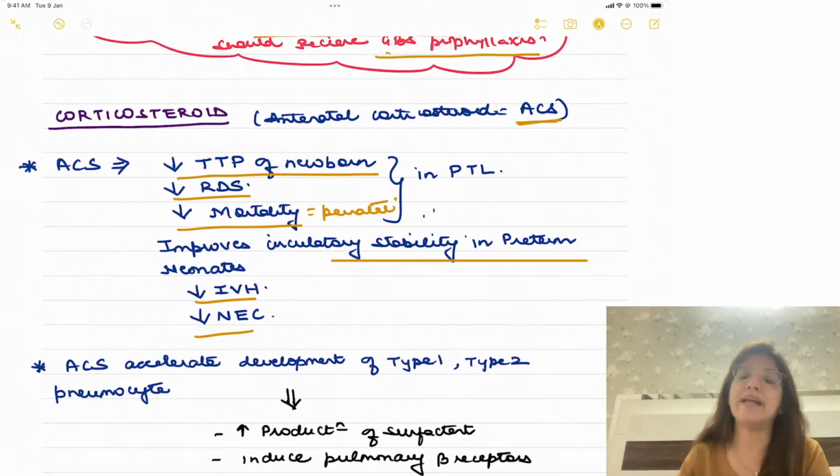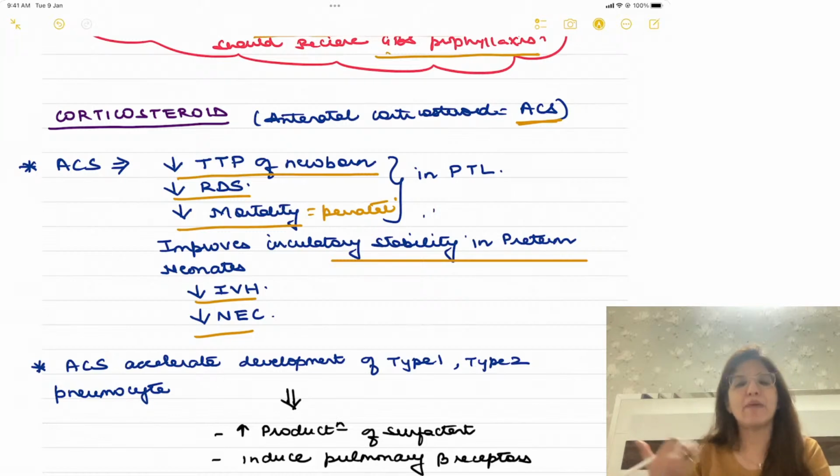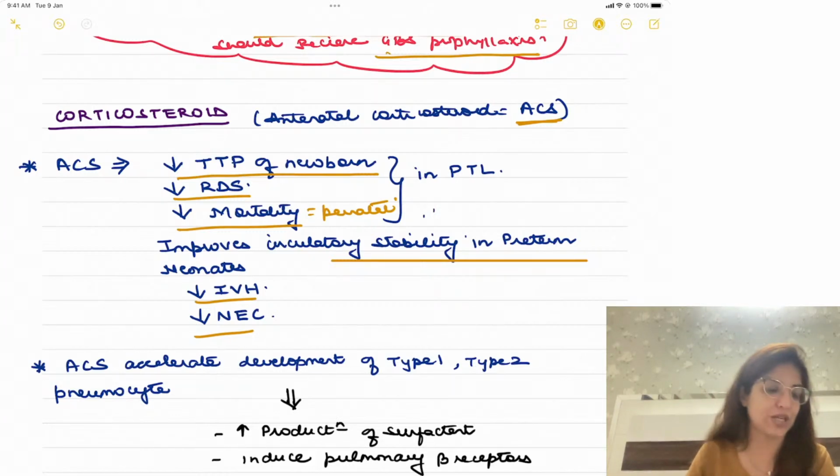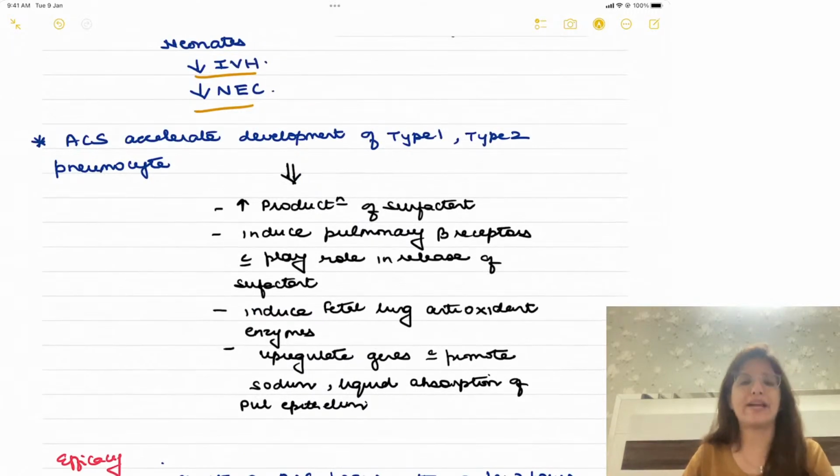So when I'm giving antenatal corticosteroids, I am not just aiming at decreasing transient tachypnea of newborn and respiratory distress syndrome. I'm also aiming at decreasing intraventricular hemorrhage and necrotizing enterocolitis.